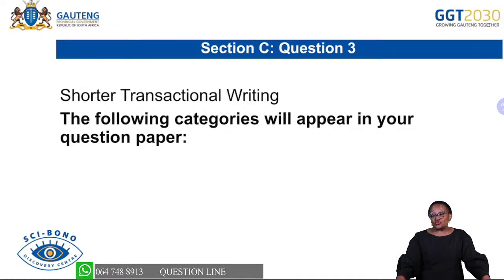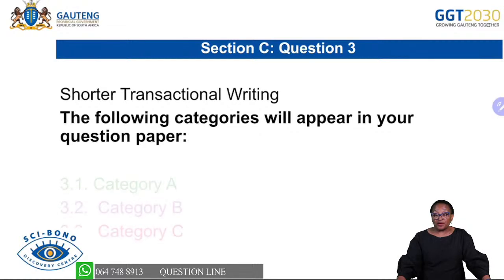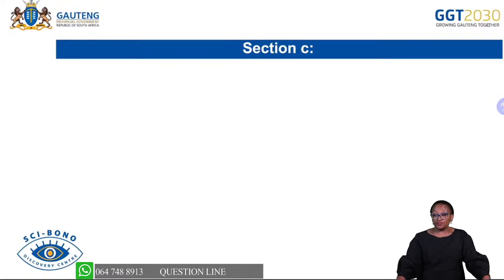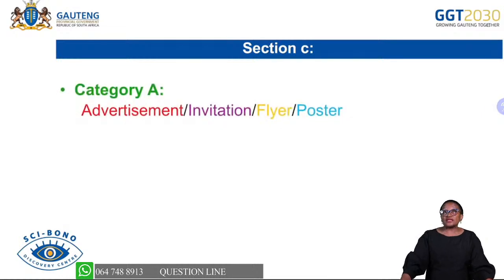The following categories will appear in your question paper. We have category A, which is our 3.1. 3.2 will be category B, and 3.3 is category C. Let's have a look at category A. This category is formed by advertisement, invitation, flyer, and a poster.